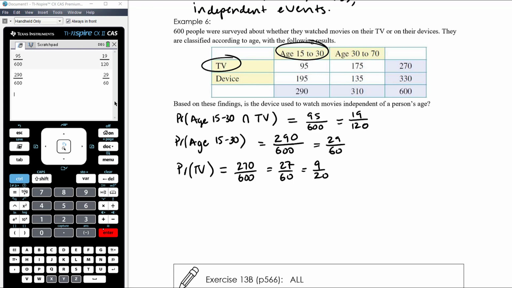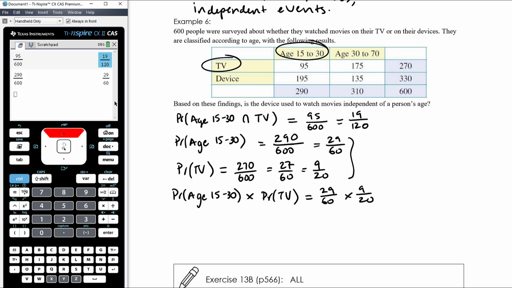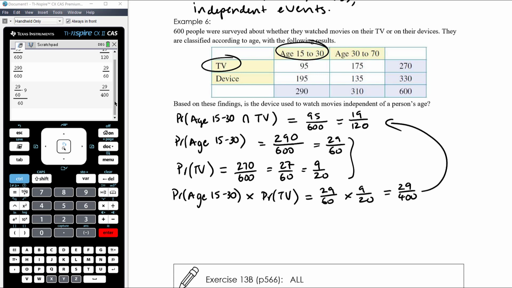Okay, and so then we can calculate the probability of their age being between 15 to 30 multiplied by the probability of TV. That would be 29 on 60 multiplied by 9 on 20. So let's do that multiplied by that, and we get 29 on 400, which doesn't equal that. So therefore they're not independent, which means they are dependent.